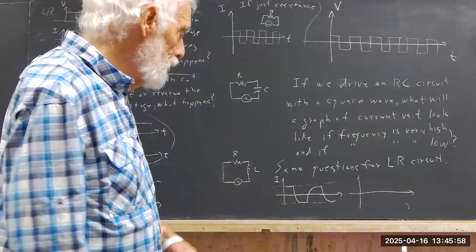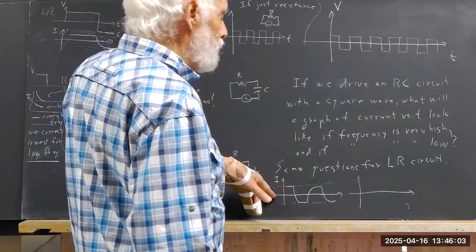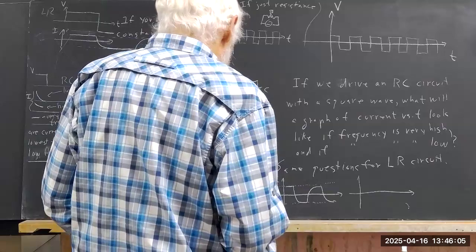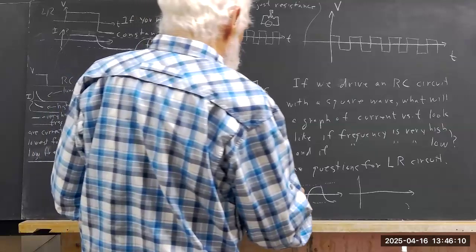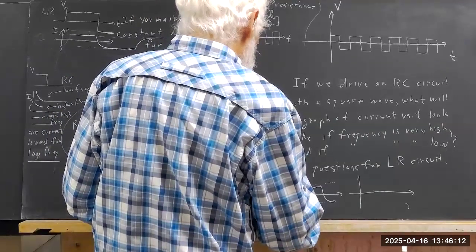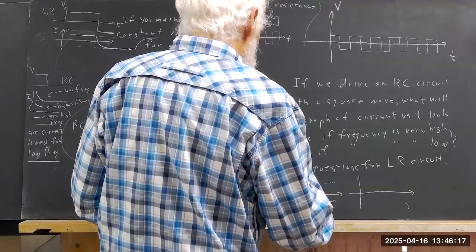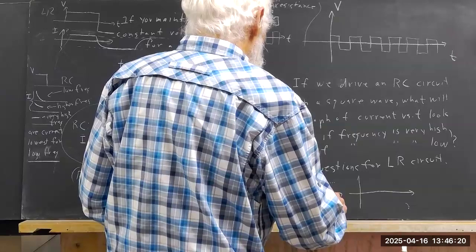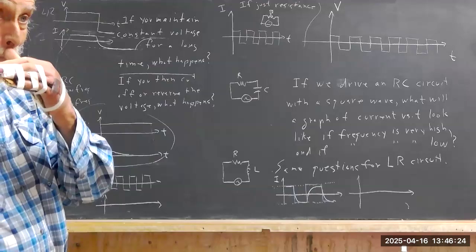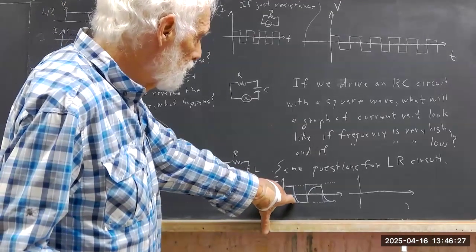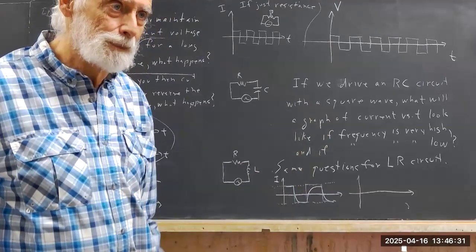And you see that the area between the x-axis and the curve differs from the square wave current you would have if you just had a resistor by this little bit of area here, this little bit of area here. Of course, they're not equal. I didn't draw it very accurately.